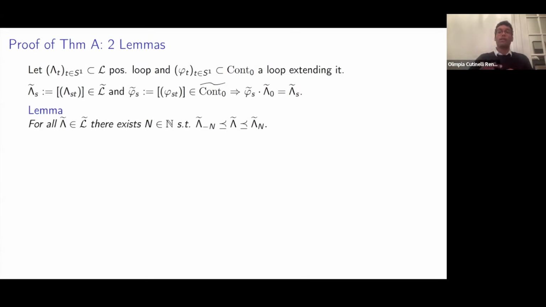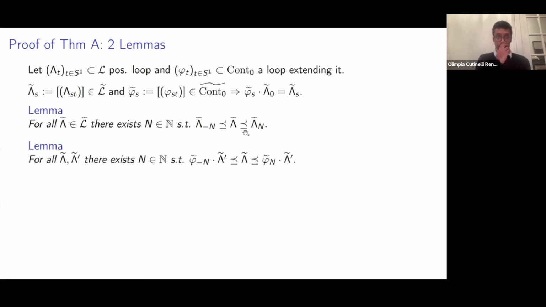If you iterate it enough times, it will get more and more positive so that at some point it will be greater than lambda tilde. And the same is true for lambda minus n: since it is positive, if you do it backwards, it will get more and more negative so that in the end it will be less than lambda tilde. Okay, so this was the first lemma.